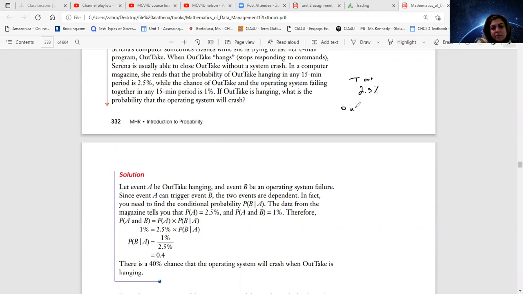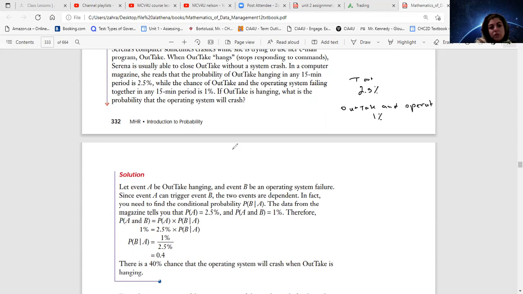Outlook and operating system failing is 1%. If Outlook is hanging, what is the probability that the operating system will crash? This is a conditional probability: a system crash when Outlook is hanging.